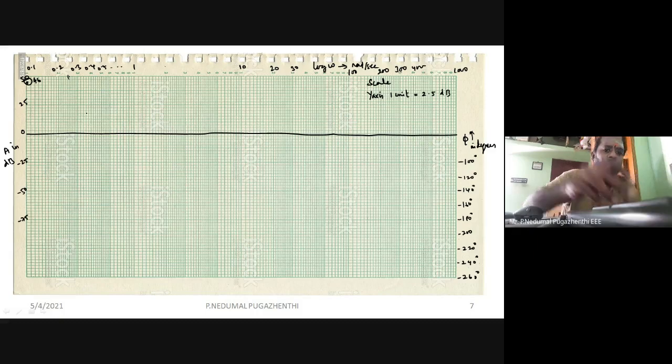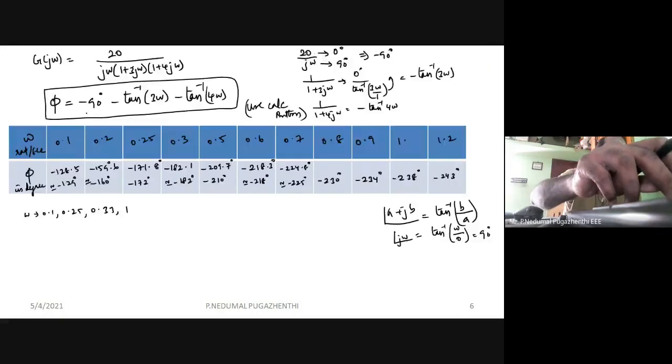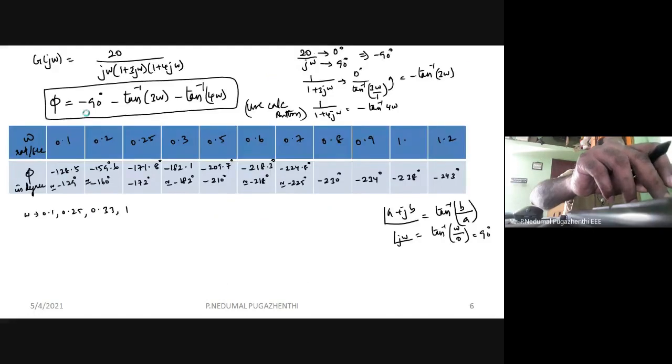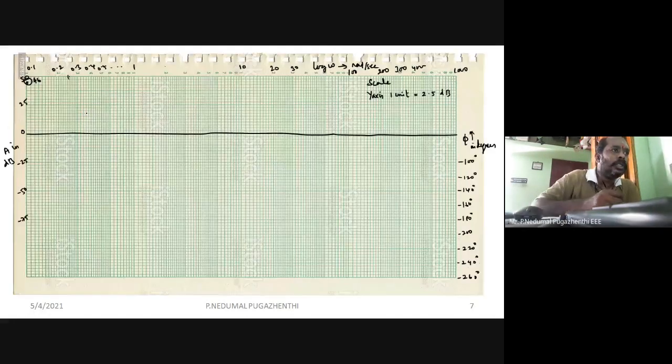What is the value? I got 38. So I will choose 38 from there. This is 27.5, 30, 32, 35, 37.5. So it is going to be near this point. So this is 38.